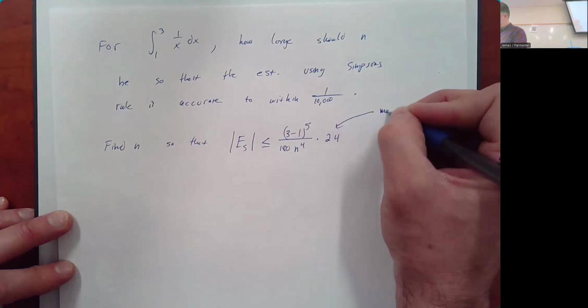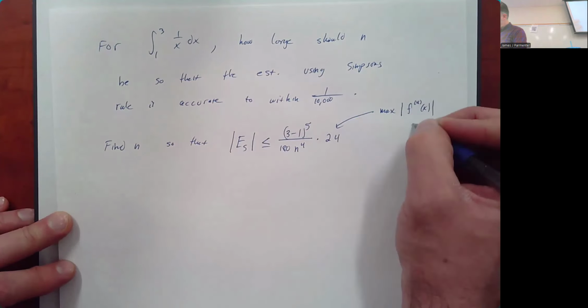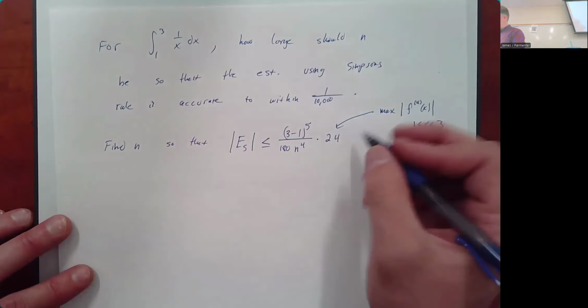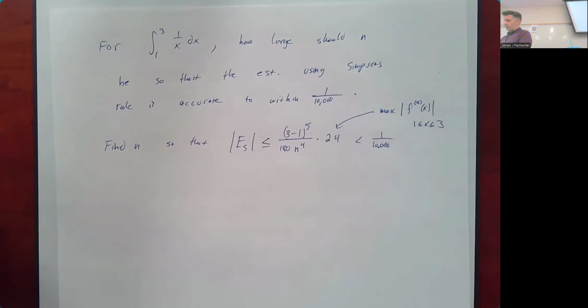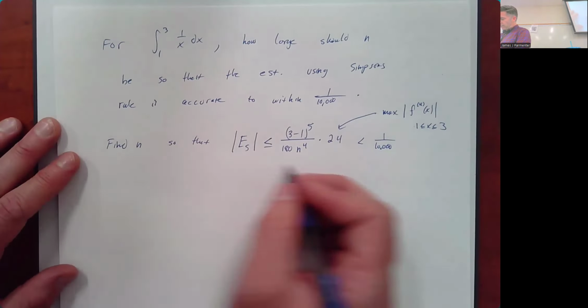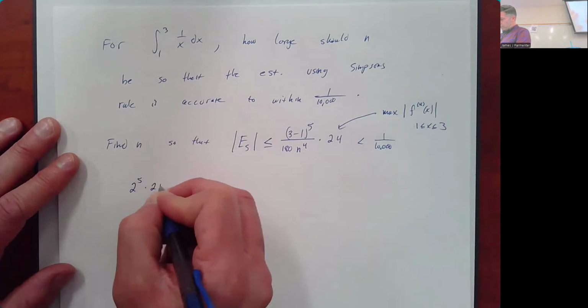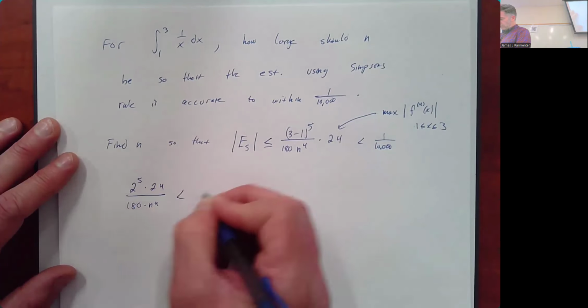It's the maximum of the absolute value of the 4th derivative of 1 over x, where x is between 1 and 3. We want that to be less than 1 over 10,000. So we do the same sort of thing. We have on the left-hand side, 3 minus 1, which is 2 to the 5th, times 24 over 180 times n to the 4th, less than 1 over 10,000.